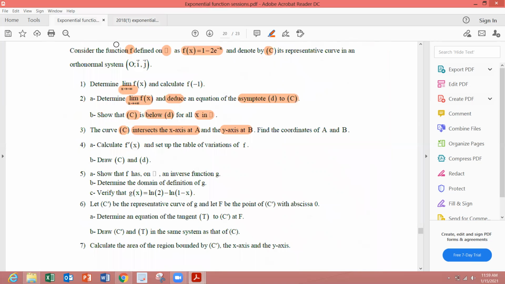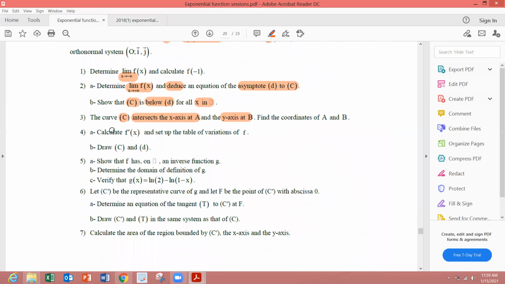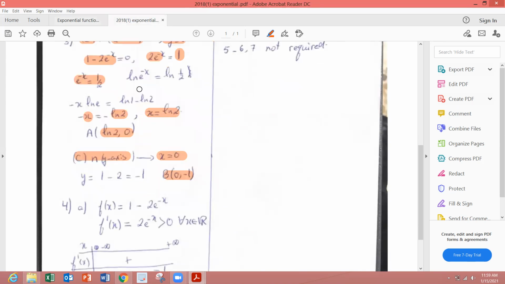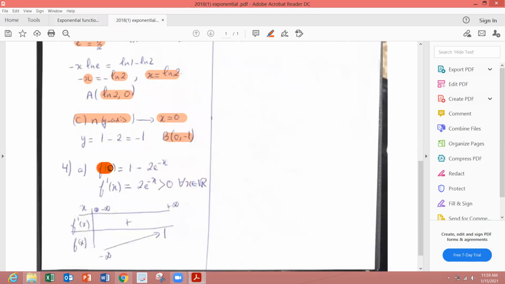Part 4a. Calculate f prime x and set up the table of variations of f. f(x) is equal to 1 minus 2e to the power minus x.